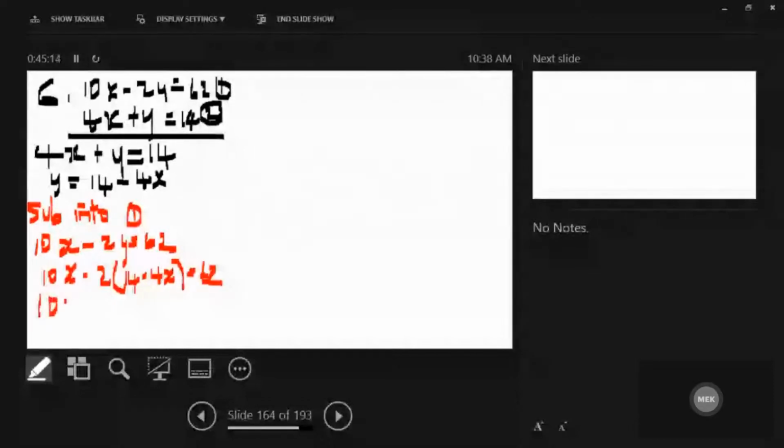So 10x, negative 2 times 14, that's negative 28. Negative 2 times negative 4x is positive 8x.